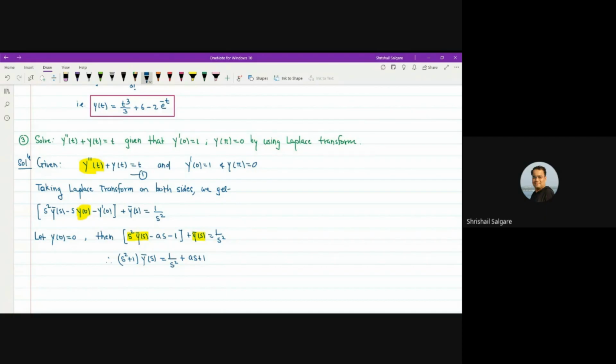Okay, our aim is to find y bar and after that apply inverse Laplace transform. So this can be written as 1 upon, see, first term s square into s square plus 1, is it okay? Plus second term a into s upon s square plus 1, plus 1 upon s square plus 1. Am I right?